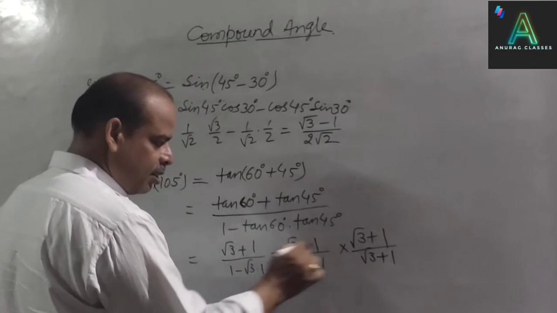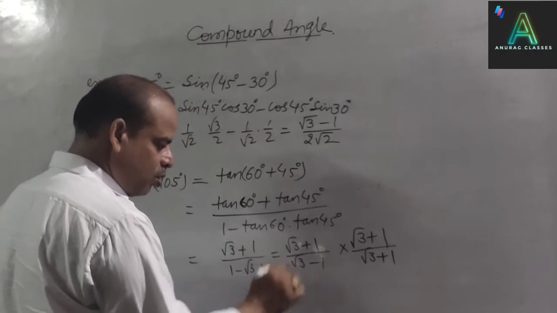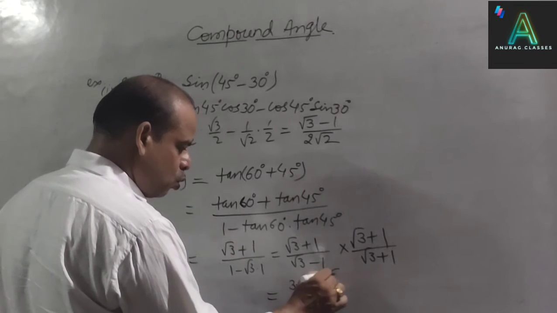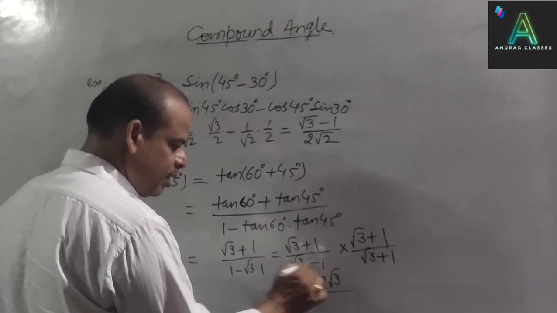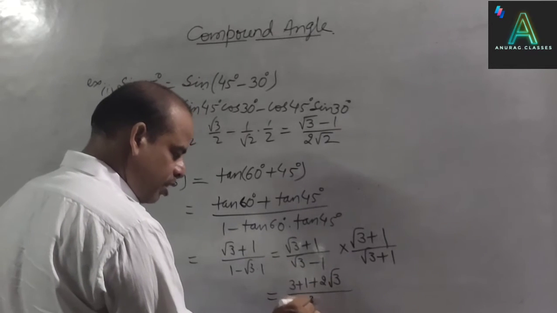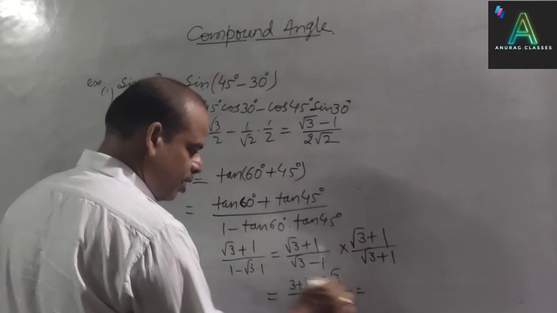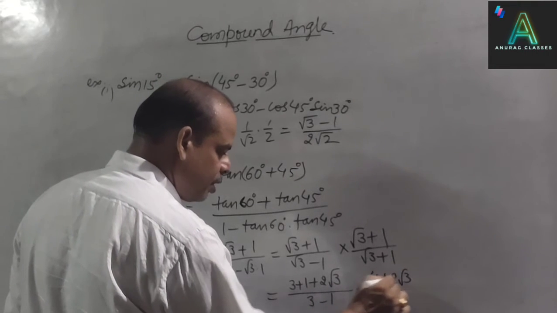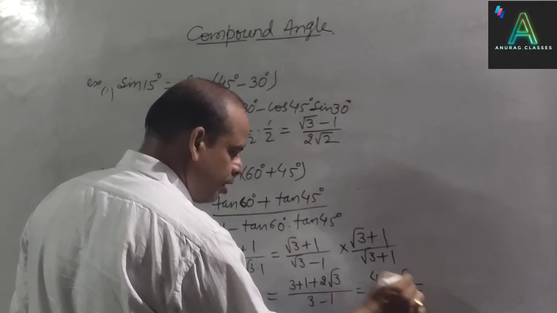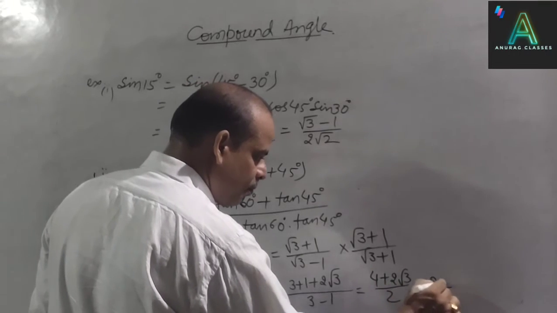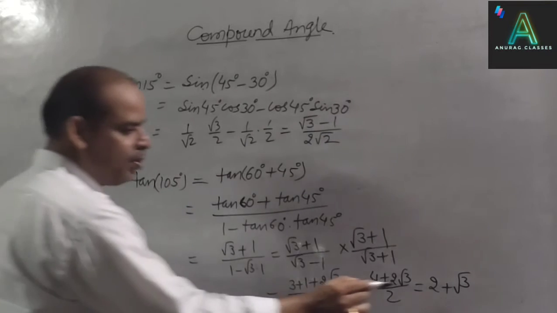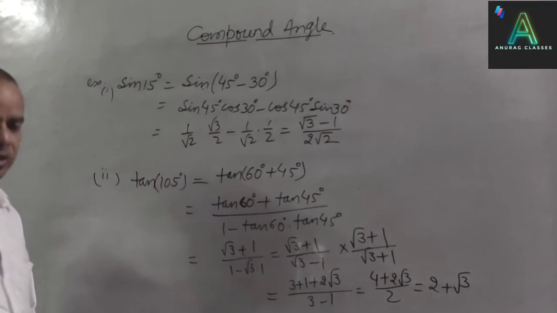The numerator is root 3 plus 1 whole square, so a square plus b square plus 2ab, and the denominator is a minus b into a plus b, so a square minus b square. It will be 4 plus 2 root 3 by 2, and 2 is common, so finally the value of tan 105 degree will be 2 plus root 3.